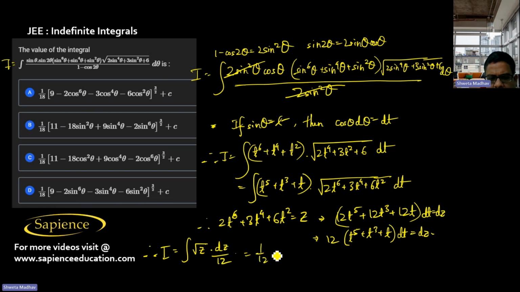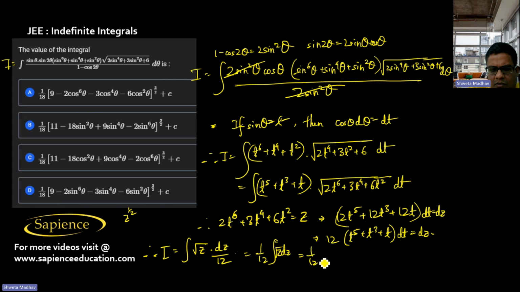So this is 1 by 12 into integral root z dz. So this will be equal to, now root z means z power half.